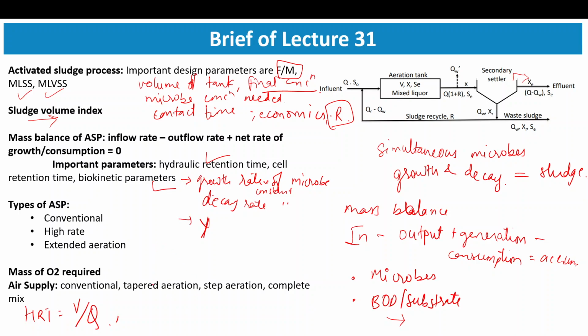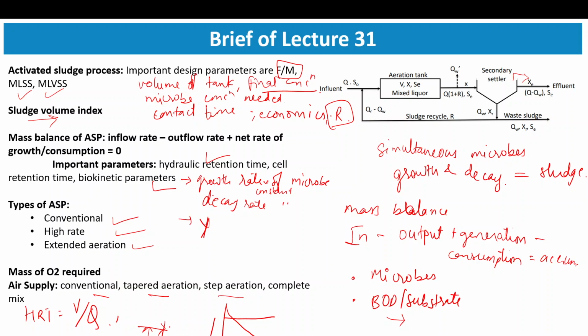Now there can be various types of activated sludge process, which can be conventional, high rate, or extended aeration. And for supply of oxygen, you can have conventional, tapered, step, and complete mix. In the conventional one, you just have a normal, uniform, or constant supply of oxygen throughout the length of the reactor, while the requirement of oxygen reduces with the length of the reactor.